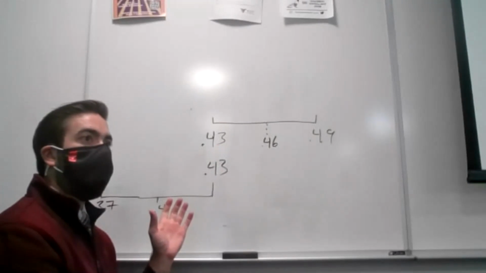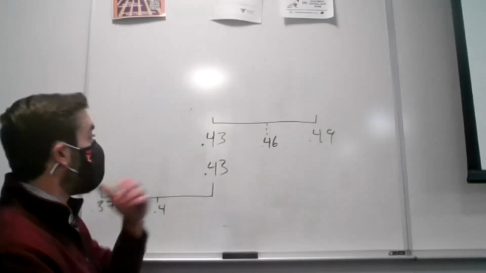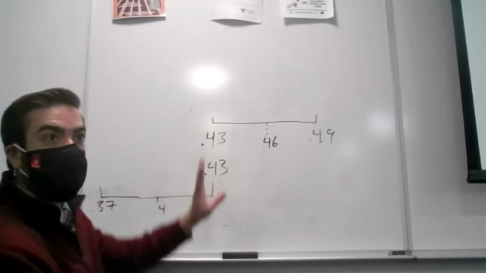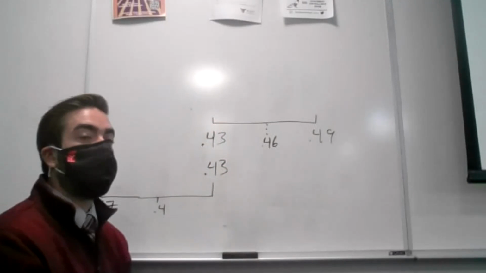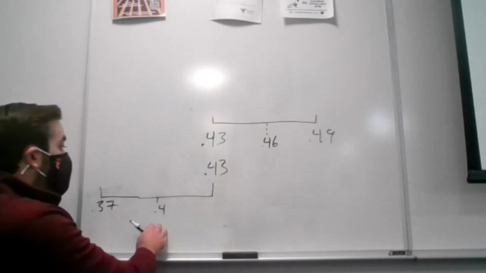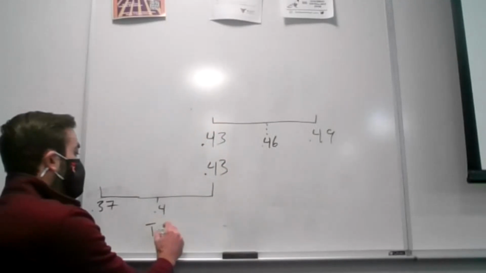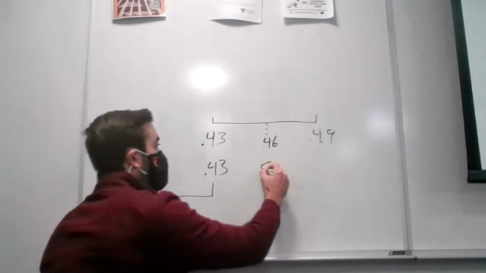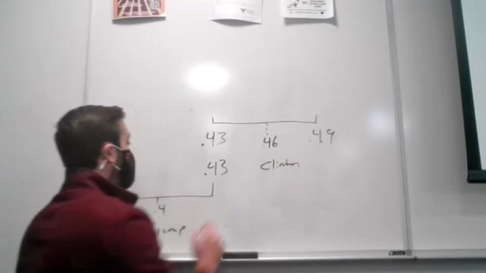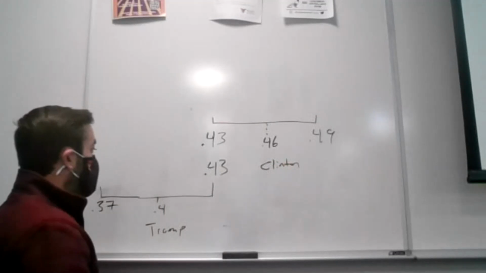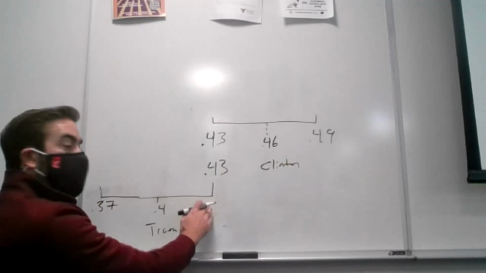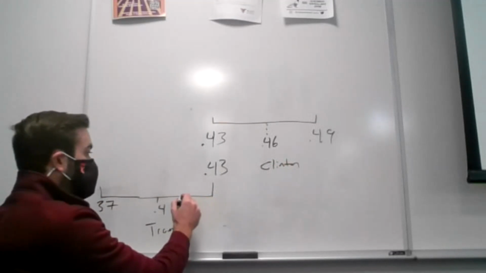From this, let's say that the lower and upper bound were both exactly 0.43. I actually couldn't say that Trump was going to receive a lower proportion of votes than Clinton. Because what could be true? Well, these are all possible true values for the population proportion of people that will vote for Trump.